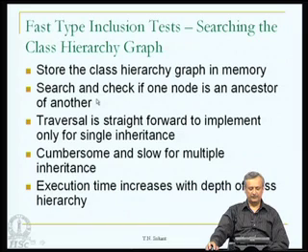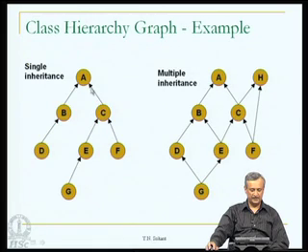Now, if we want to check whether one node is an ancestor of the other, that is A is an ancestor of D, C is an ancestor of E, C is an ancestor of D, G, etc. B is not an ancestor of F. So, these are all to be checked. To do this is very simple.